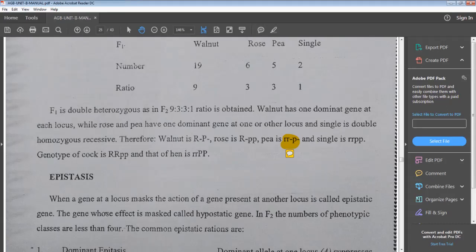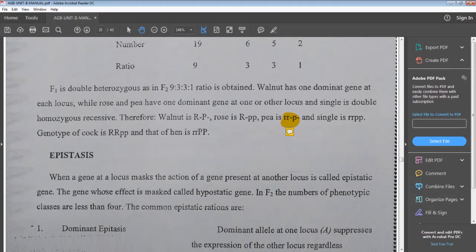Pea comb is small r, capital P, then dash. Where it is small p, you just change it to the capital P. Then single comb is with small r, small p. Every gene is in the recessive condition.